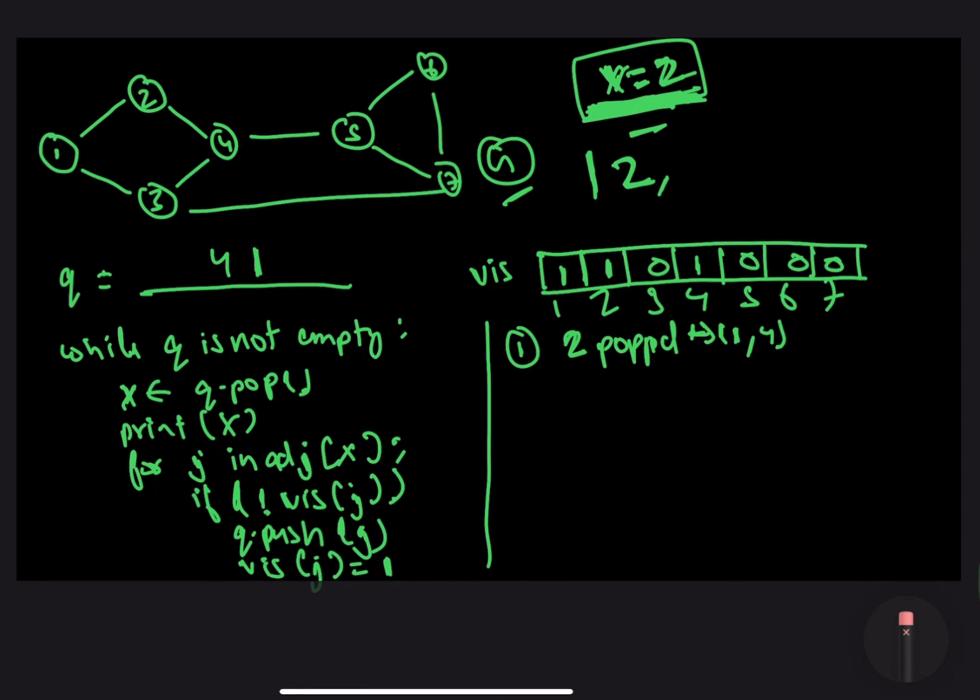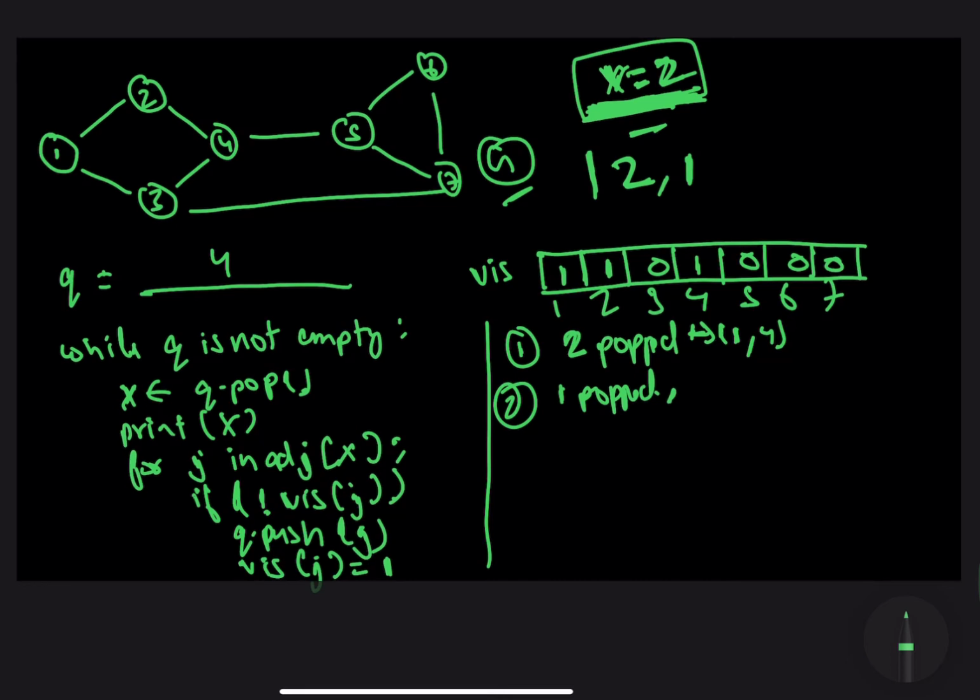So now let's begin the second iteration. Just like that, we will pop the frontmost element out of the queue. In this case, the frontmost element is 1, so 1 will be popped. The next element that we are iterating over is 1, that is at a distance of 1 from 2, so it makes sense as well. Then we will iterate over all the nodes adjacent to node 1.